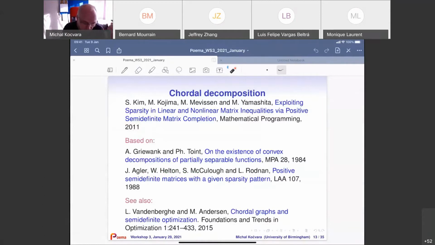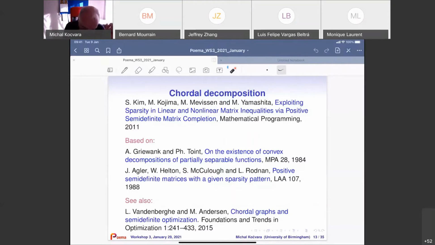And it is based on one single theorem, which was actually independently proved by two groups of authors, one from optimization, one from graph theory, both in the 80s. And you can read all that in this nice book/paper by Lieven Vandenberghe and Martin Andersen as well.